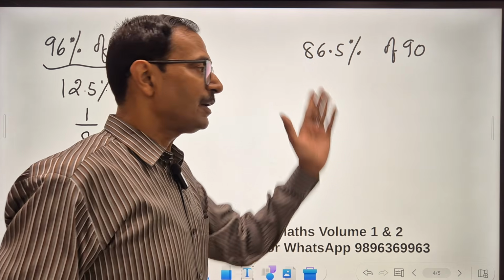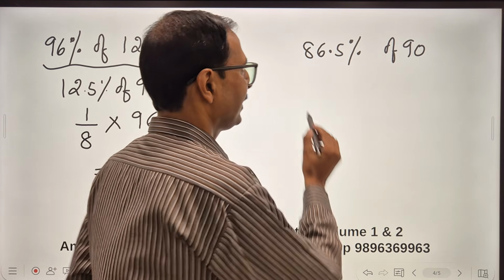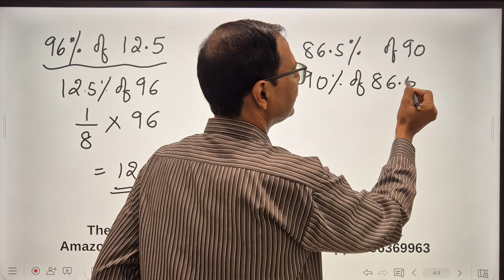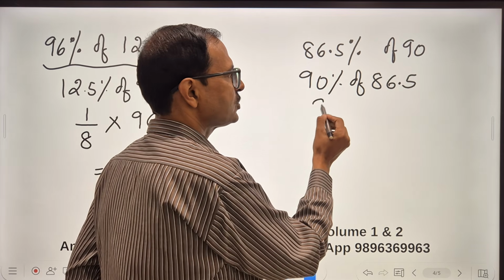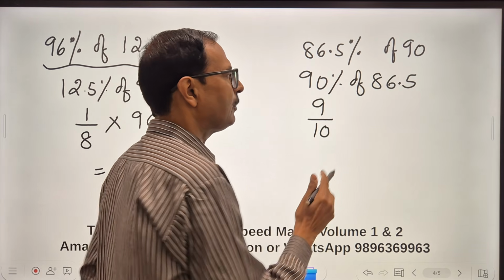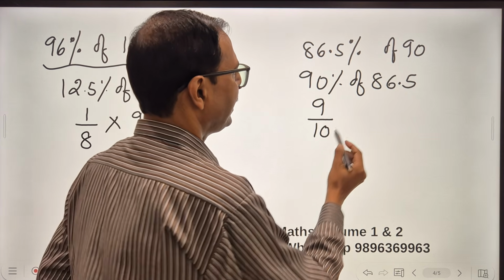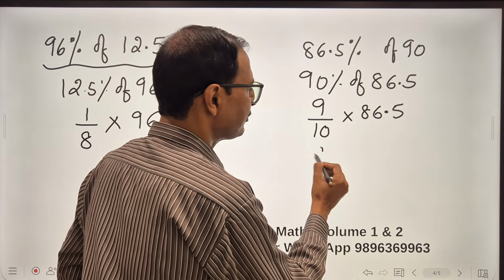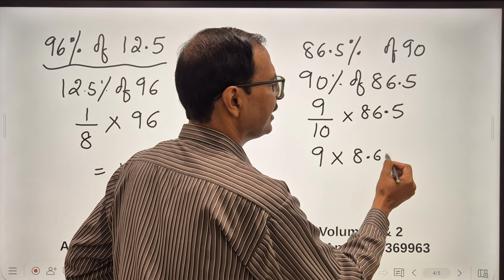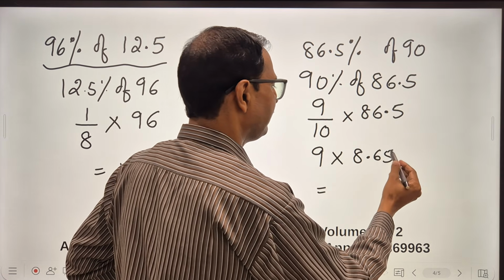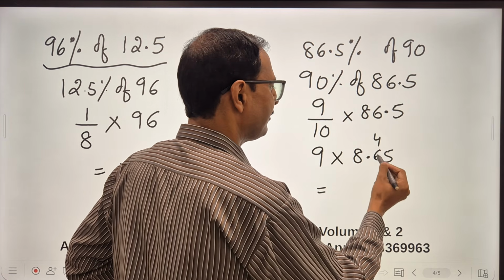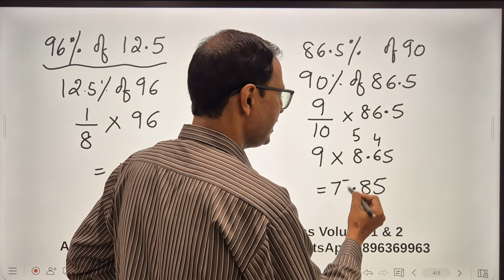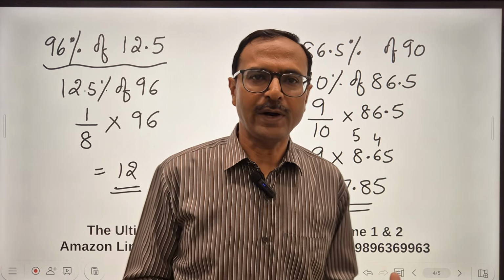Now see, difficult percentages, decimal percentage here, but swap it: 90% of 86.5. 90% is actually 9 upon 10 or 90 upon 100, right? And 9/10 of 86.5 is pretty easy to find because you just have to do 9 times 8.65. One simple multiplication: 9 5s are 45, 9 6s are 54, 58, 5, 9 8s are 72, 77. See, 77.85 is the required percentage.